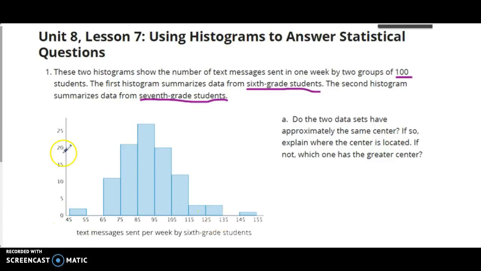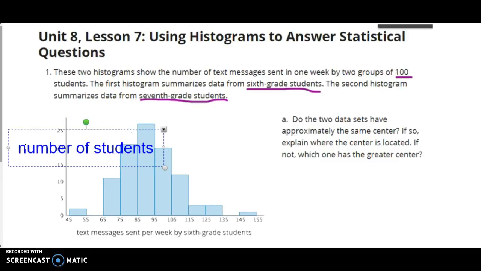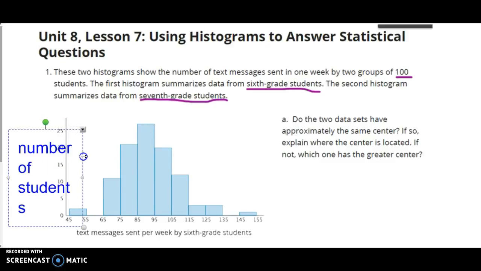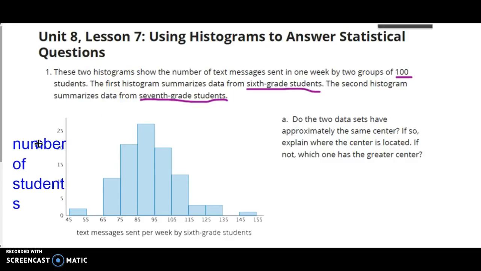On my y-axis here, that's the number of students. Since that's not labeled for us, let's go ahead and just label it here. Number of students who send that amount of text messages. So the higher the bar, the more students send that particular amount of text messages.